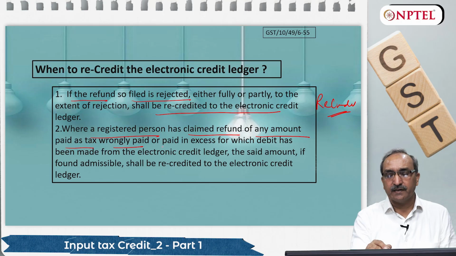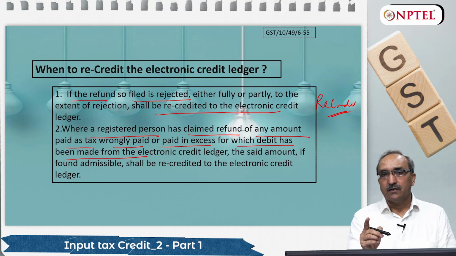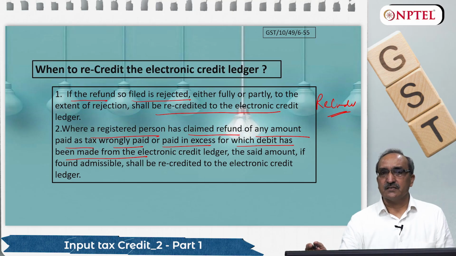So if tax is paid in excess for which debit has already been made, I told you that when you are going to pay taxes, if ITC credit ledger balance is there, you will use that balance first and your credit ledger will be debited.